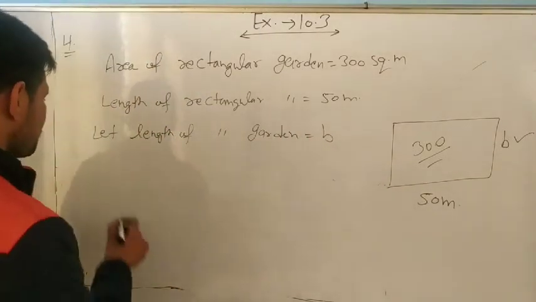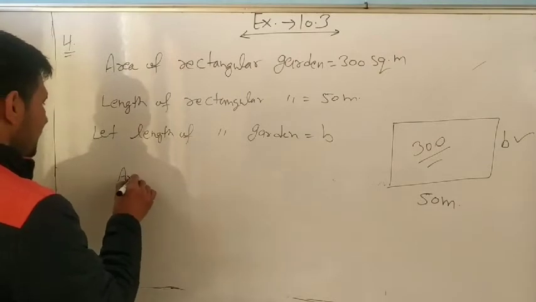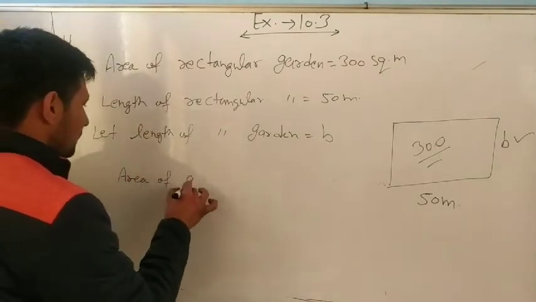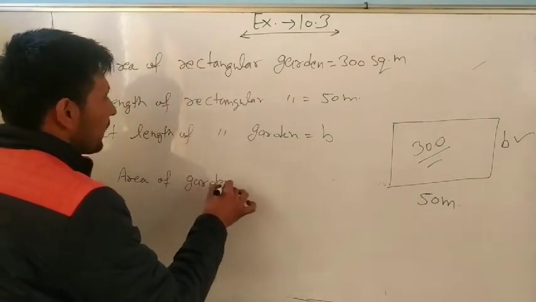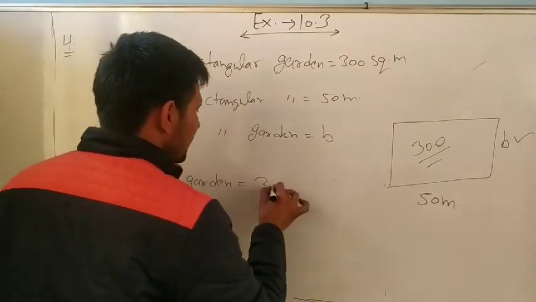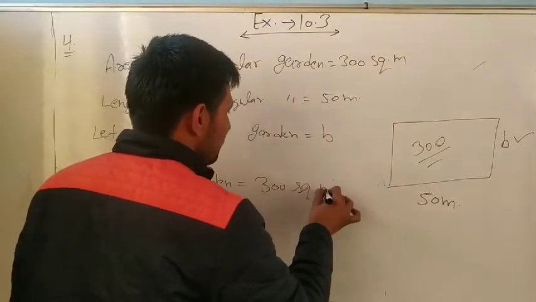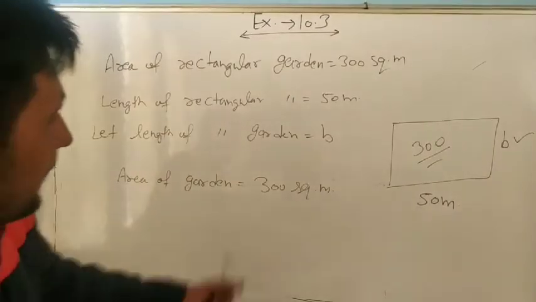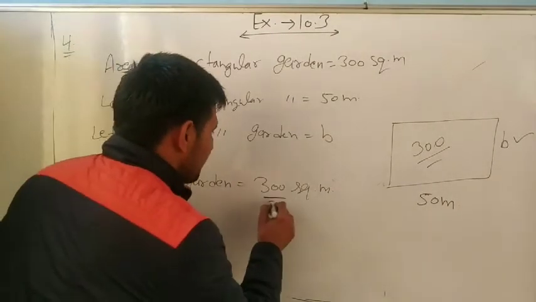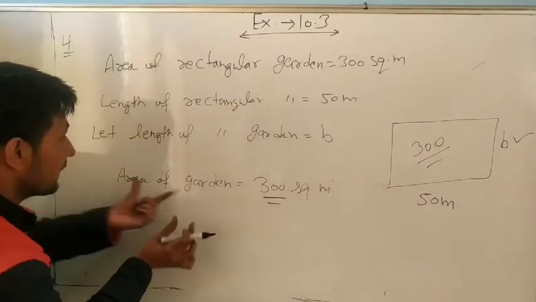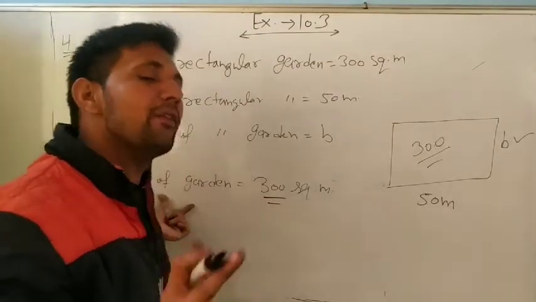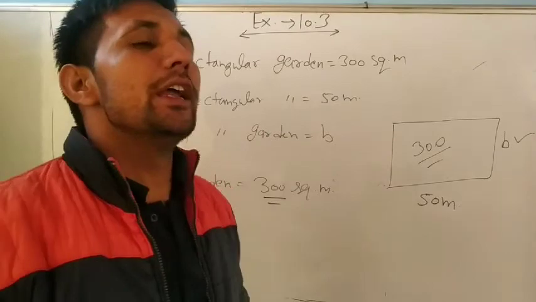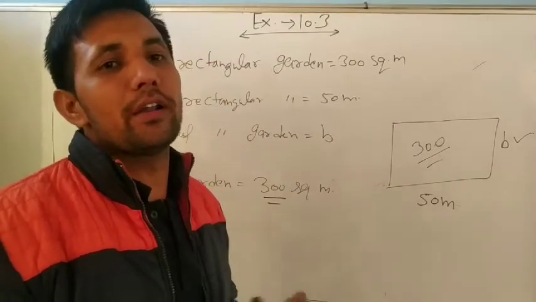Now write area of garden. Area of garden, how much is given? 300 square meter. Whenever area of garden is given, we will use the area formula.